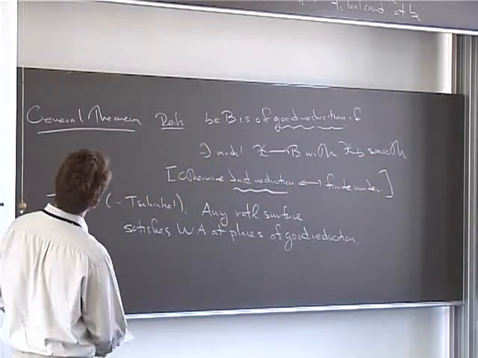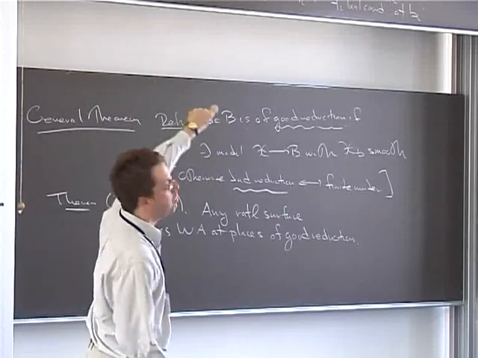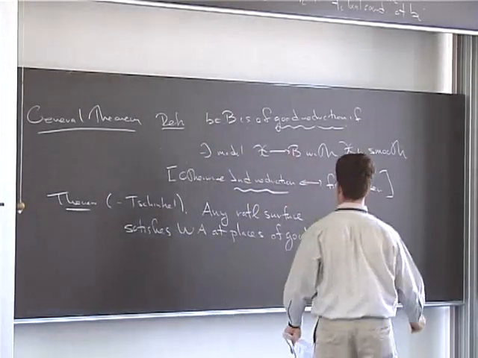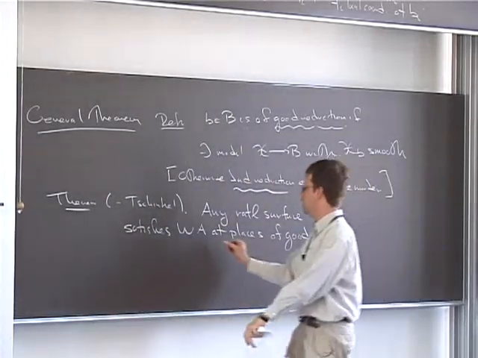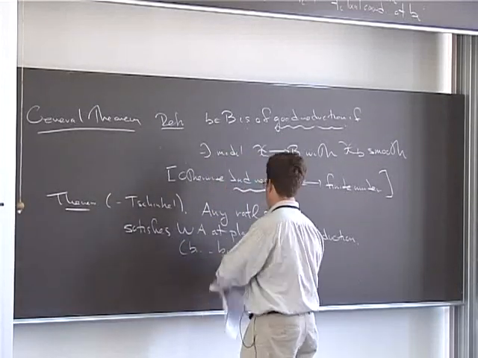So let me just emphasize here, what that means is that if I choose the points B1 through BR to be smooth points, so what I mean by this is that the points that I specified up there should be of good reduction.